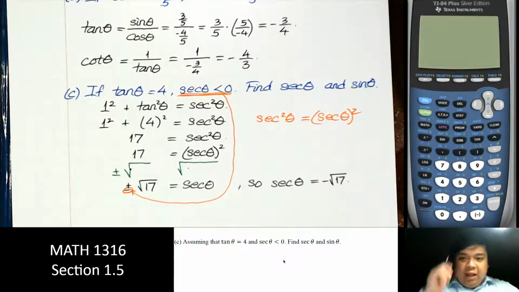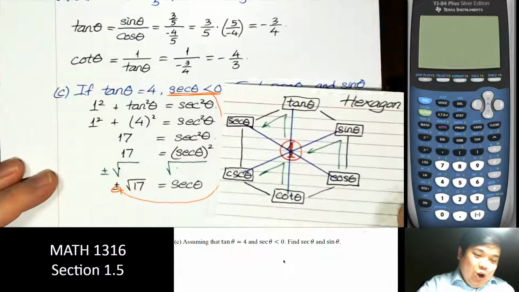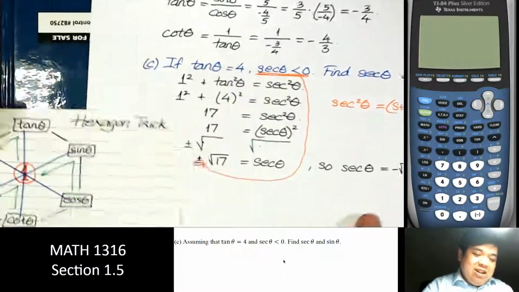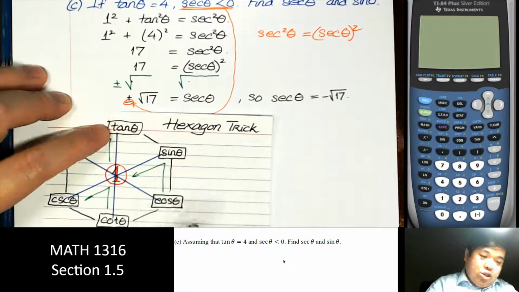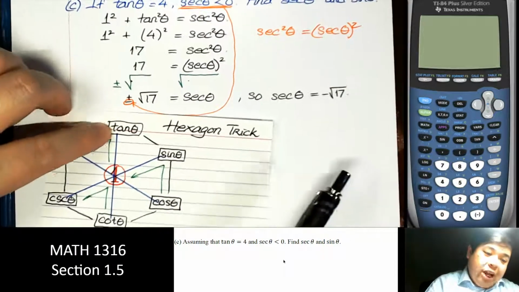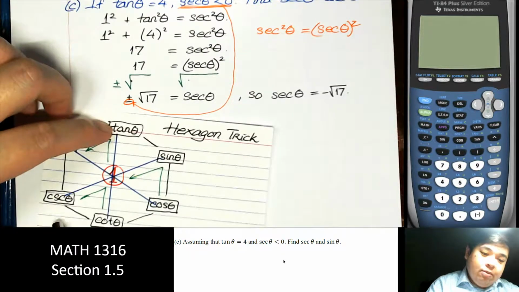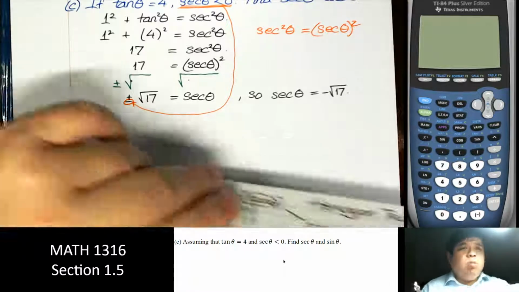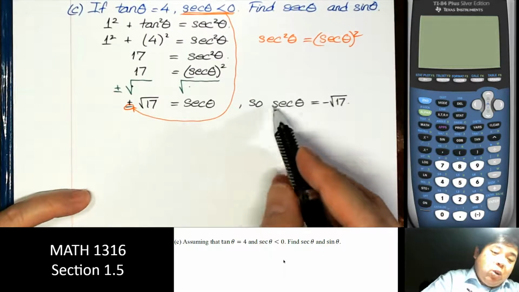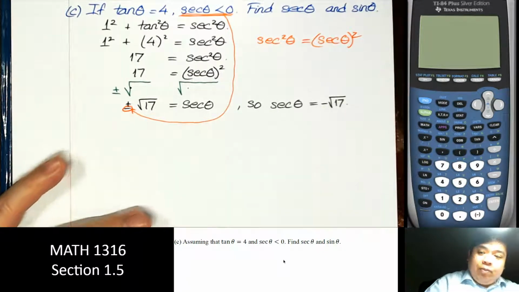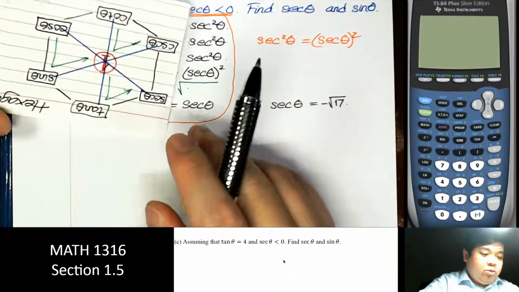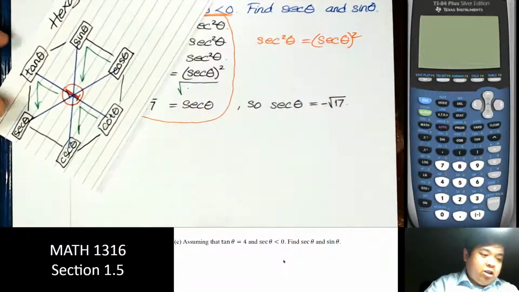Right. Let's see. Back to the hexagon. We have tangent, which is good, and we have secant. That's all we have. How do we go to sine? Right. There's a lot of ways to do that. Let's put sine on the top.